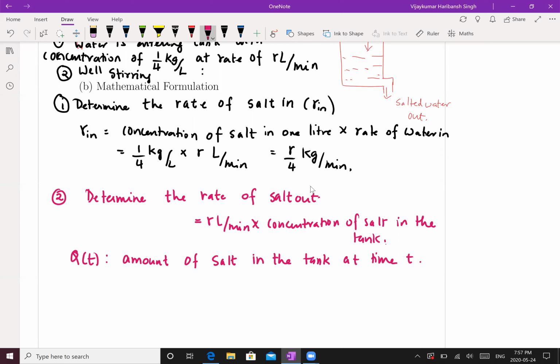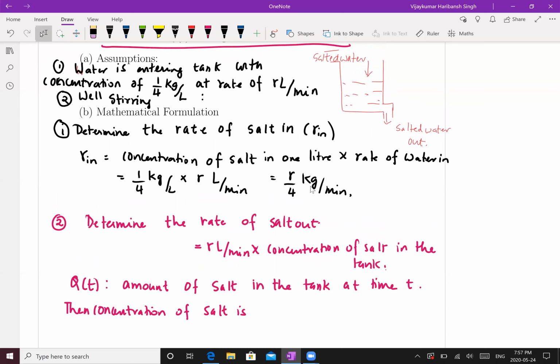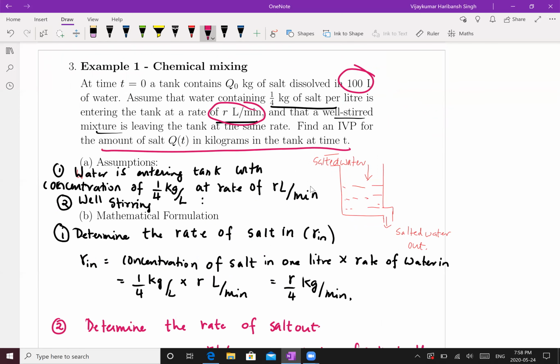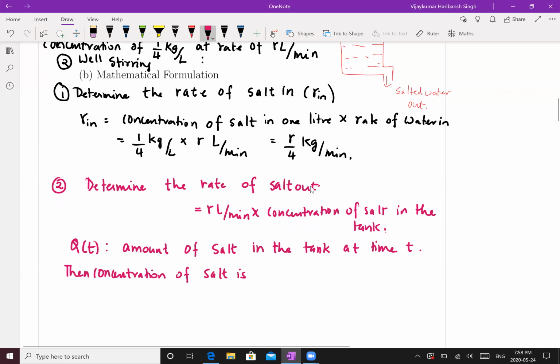So what is the concentration then? Note that Q of t kilograms of salt is mixed in 100 liters of water, right? So the concentration of salt is going to be Q(t) divided by 100, and this is measured in kilogram per liter.